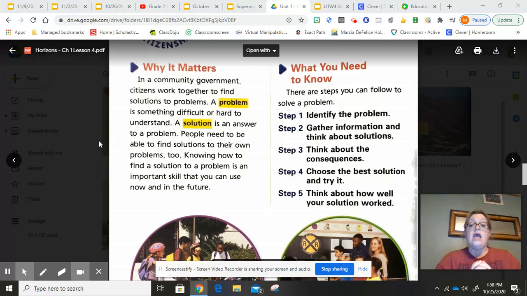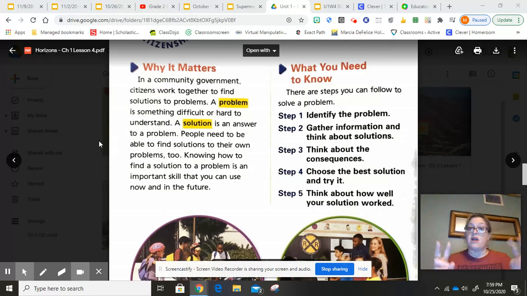Okay, when you start thinking about some of these solutions, you also want to keep in mind consequences that might happen for these solutions. Okay, because you don't want to pick a solution that's only going to fix the problem for one student. You want to come up with a solution that is going to fix the problem for all students as much as you can.